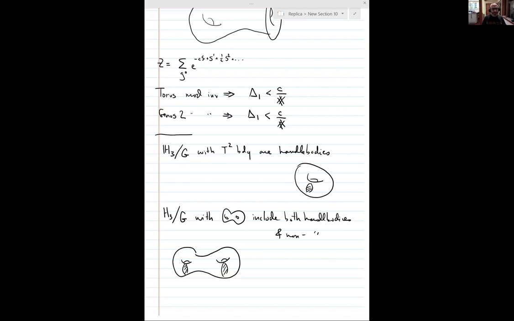I think these numerical results of Hartman, Mathys, and Afkhami-Jeddi were very clear and seem to indicate that with modular bootstrap, you're just not going to get better than about c over 9 point something, as far as I understand. Maybe you could do better.